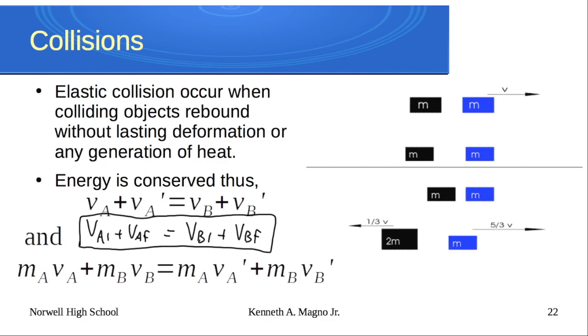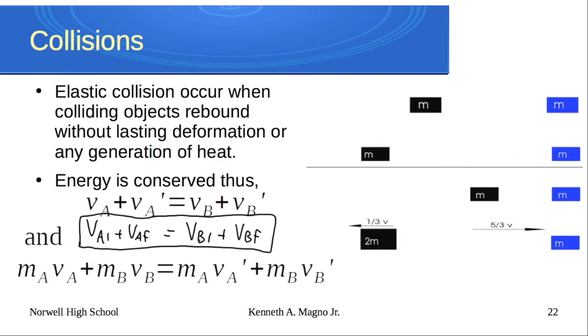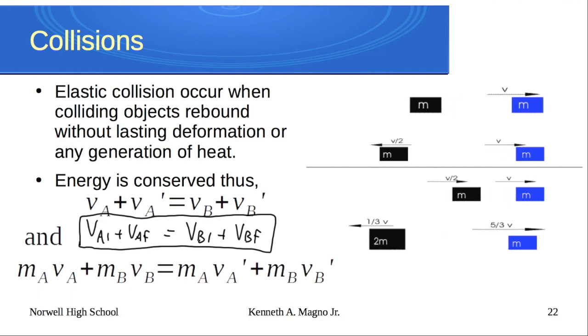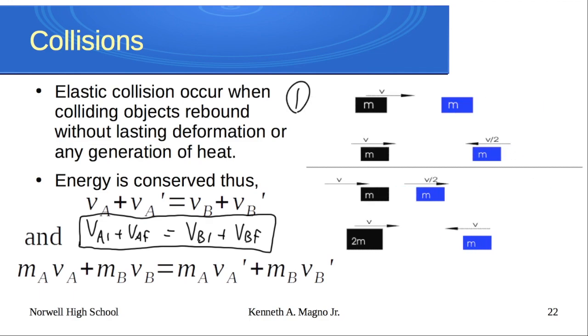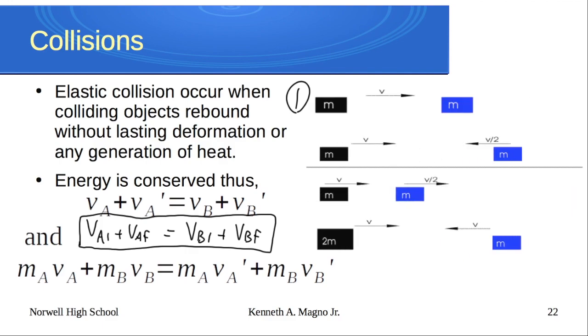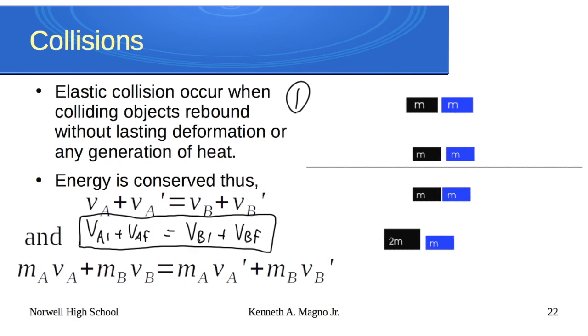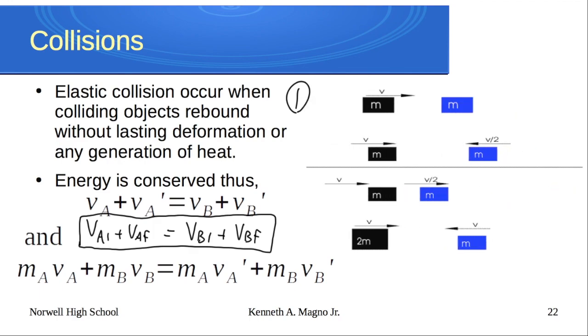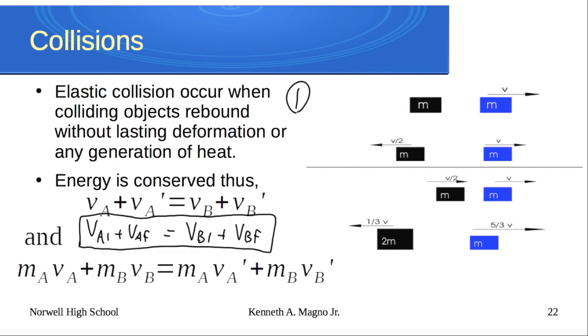So again, if we look up here at these examples on the right-hand side, in the first case, you have the black object, so this is like case 1 up here. The black object has mv initially, and the blue object has no velocity. So they collide, and they just swap momentums. So the black one comes to rest, the blue one gains all the v.